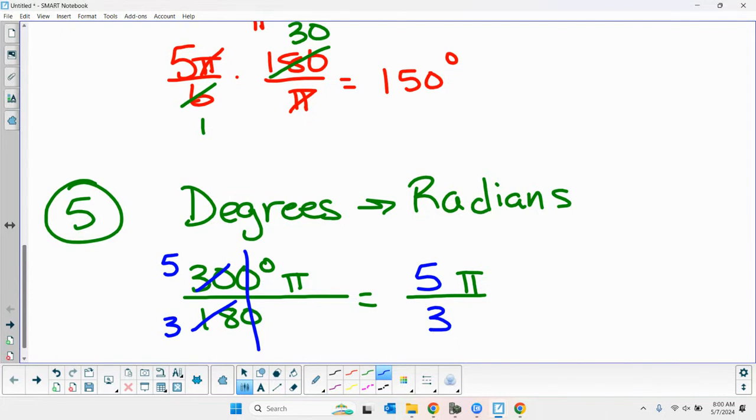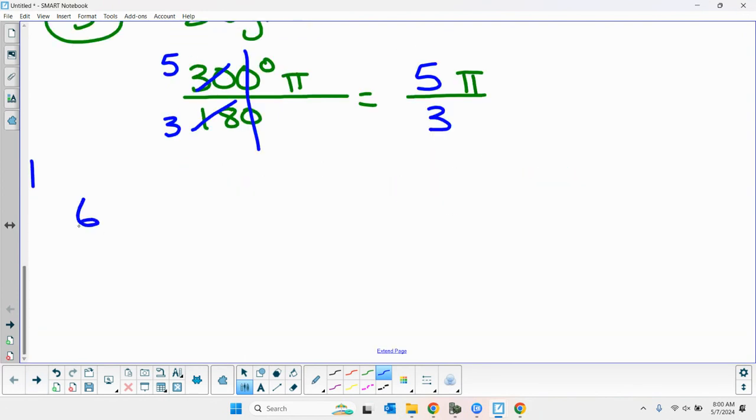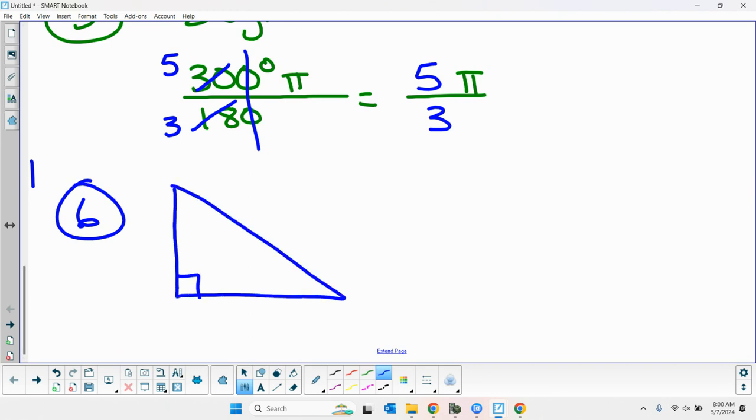Number 6, got a right triangle. And theta was down here. And this was A, this side was B, and this side was C. And I told you that A was 48, and B was 14.